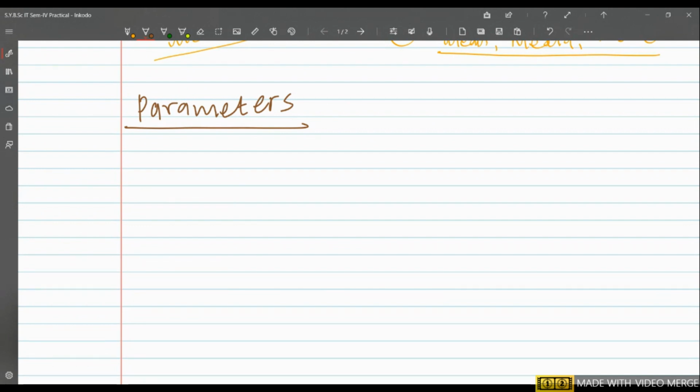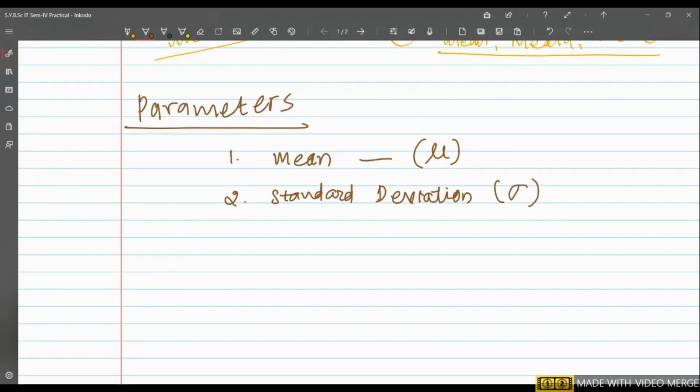The normal distribution has two parameters. The first is the mean and the second is the standard deviation. The mean is denoted by mu and the standard deviation by sigma, and it is represented as X follows a normal distribution with parameters mu, sigma.